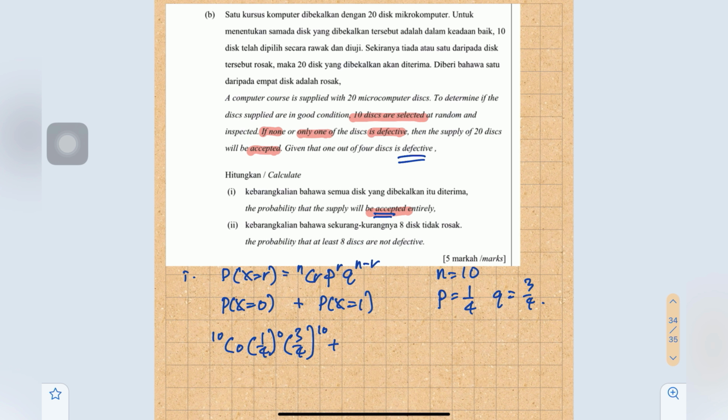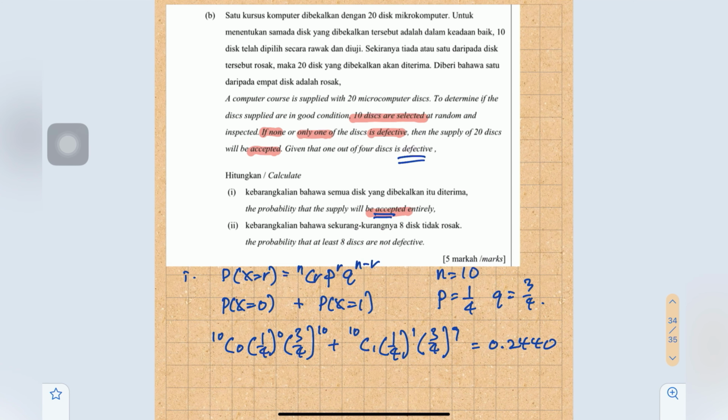Plus if probability X equals 1, 10 C1, 1 over 4 power of 1, 3 over 4 power of 9. So we get the answer 0.2440.